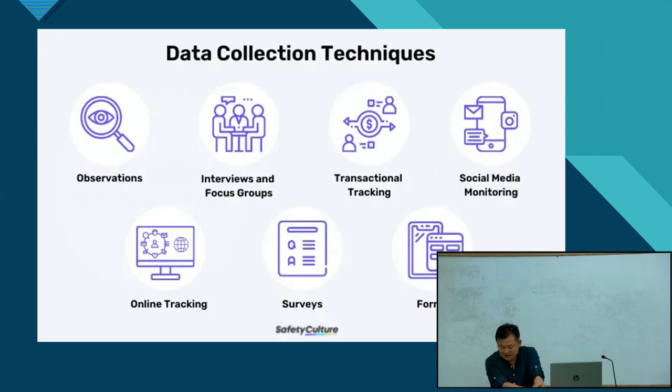Transactional tracking is a data collection technique that relies on one's purchase to derive data from. So somebody purchases the products, and then how do they get the products, the processing?